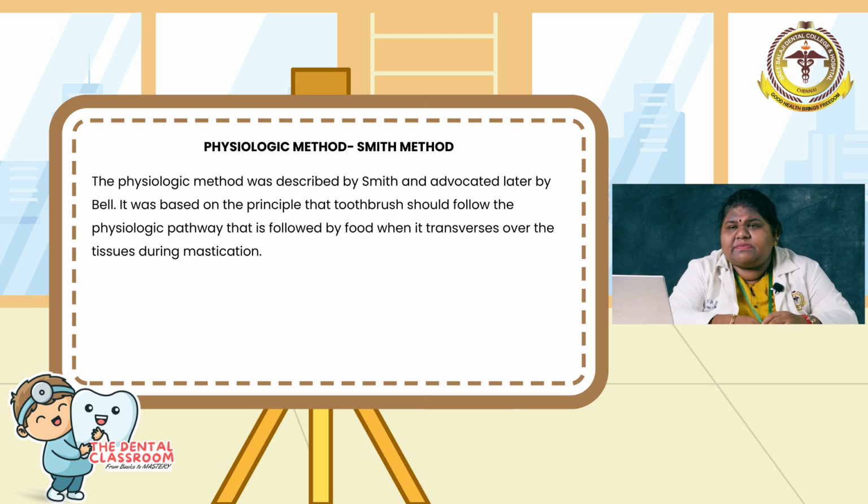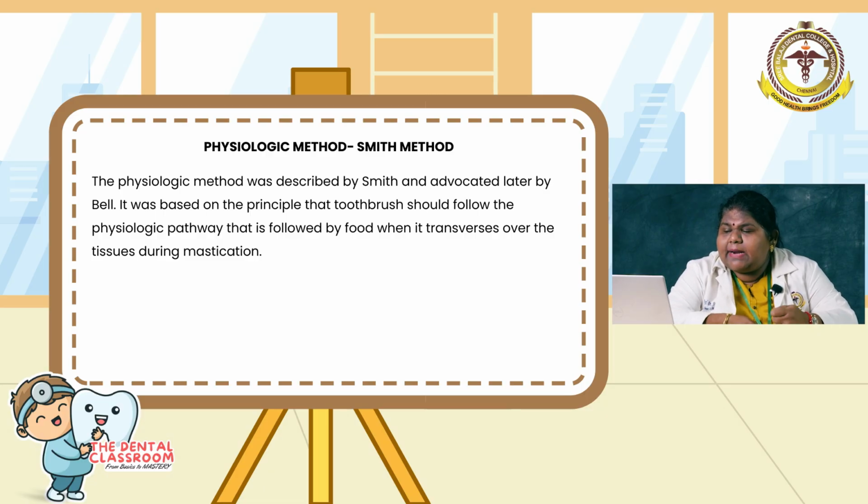Physiological method or the Smith method. The physiological method was described by Smith and advocated later by Bell. It was based on the principle that the toothbrush should follow the physiological pathway that is followed by food when it traverses over the tissue during mastication.